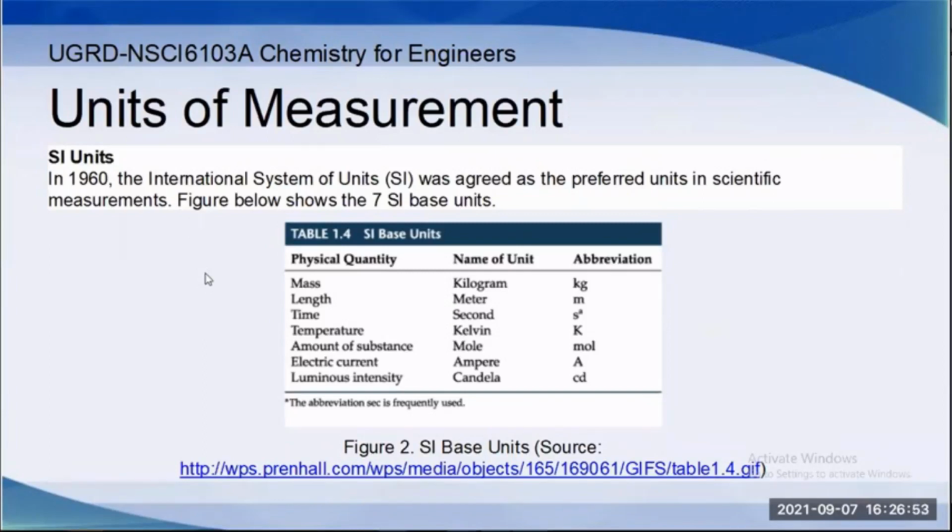So before 1960, the countries that are using English units had all of their documents in English units, like learning materials, scientific journals, newspapers, technical drawings, building drawings, water system drawings, and some of their machines are patterned to use English units, right?